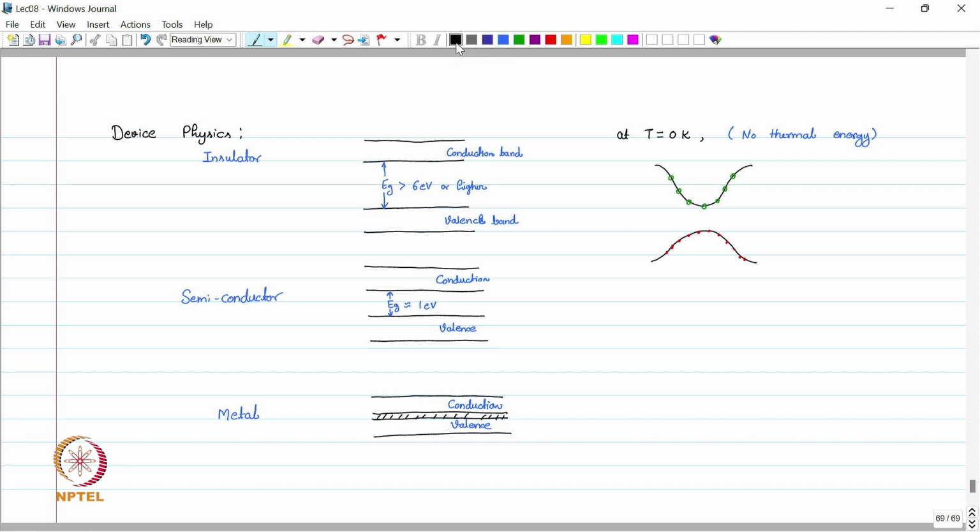When we increase the temperature, let's say at T greater than 0, now we have thermal energy.